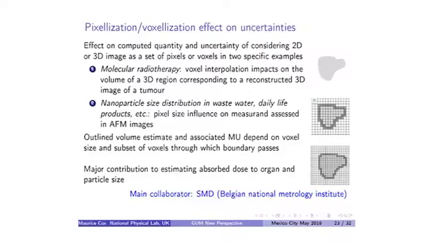Many problems involve images, 2D images or 3D images reconstructed from a sequence of 2D images, and pixelation or voxelation has an effect on the uncertainties. If you look at the top picture, that's meant to indicate a tumour, and the second picture is a pixelization of that tumour, a rather coarse pixelization. The bottom picture is a finer pixelization of that tumour.